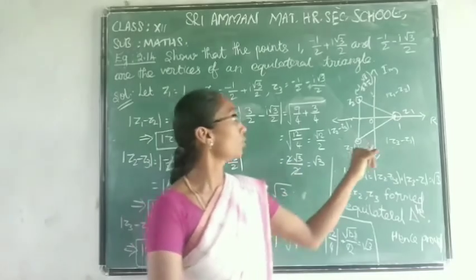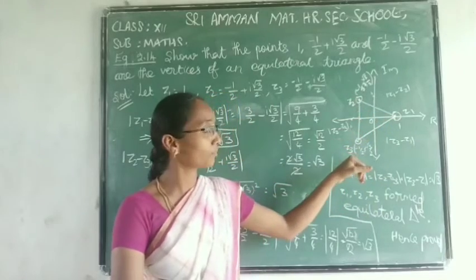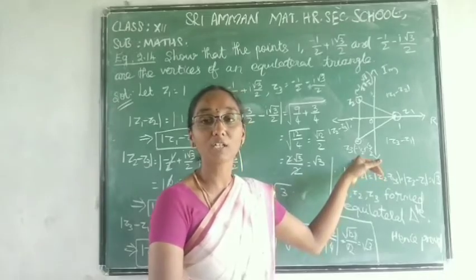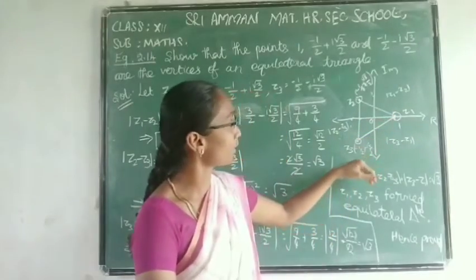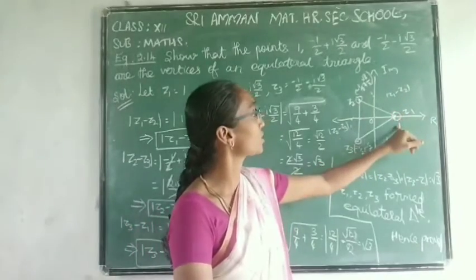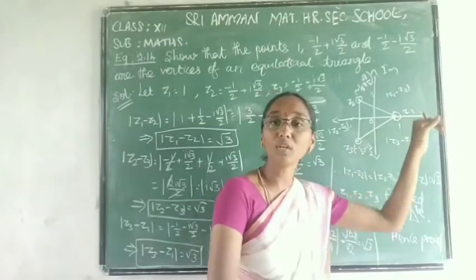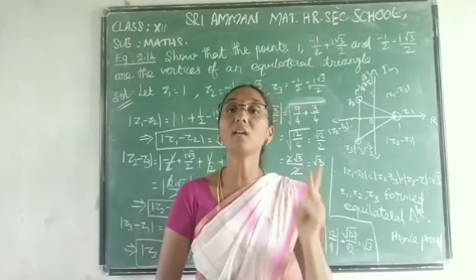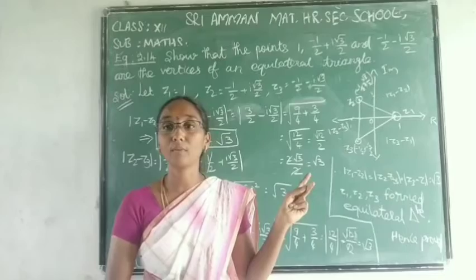So z1 equals 1, z2 equals this, and z3 is opposite, because they are conjugates of each other. Substituting these three values, we want to find the length between z1 and z2. Modulus of z1 minus z2 represents the distance between the two complex numbers.